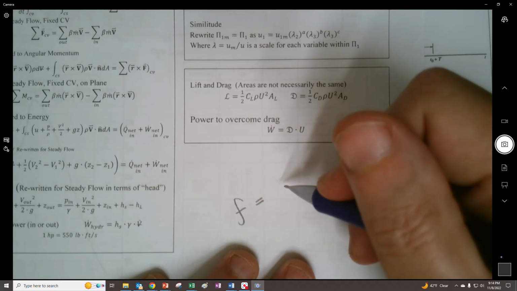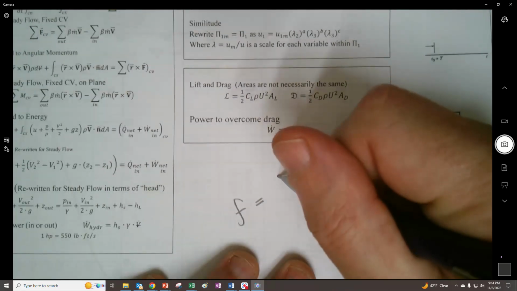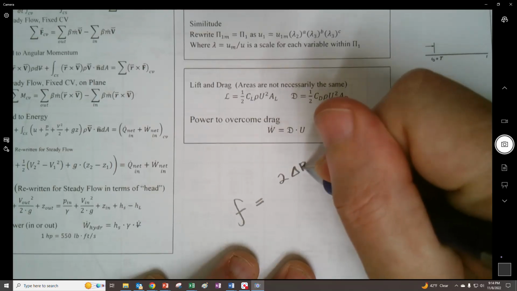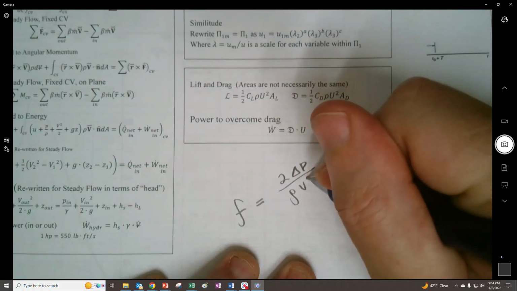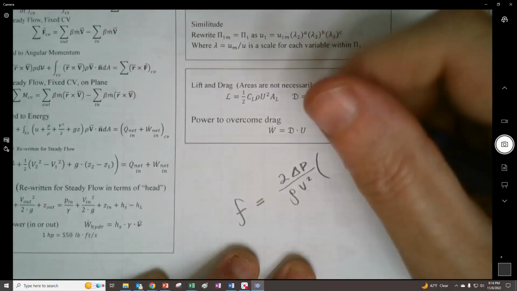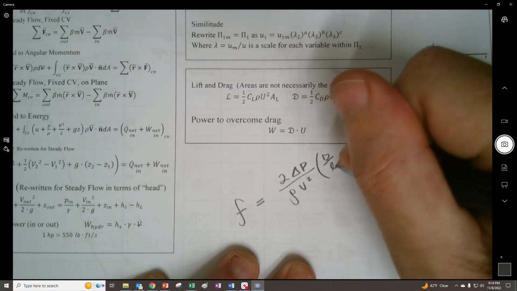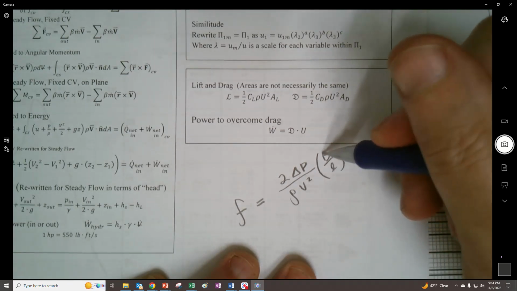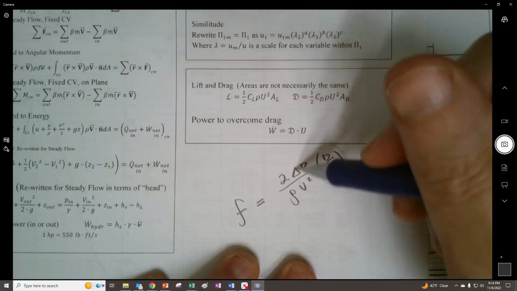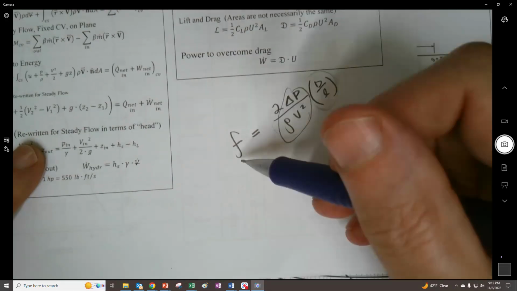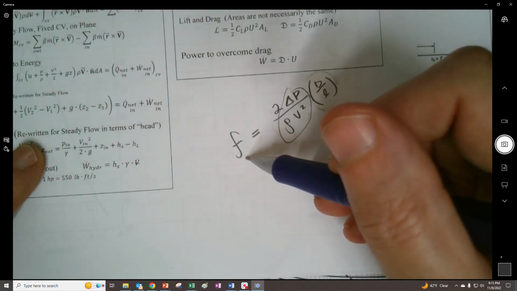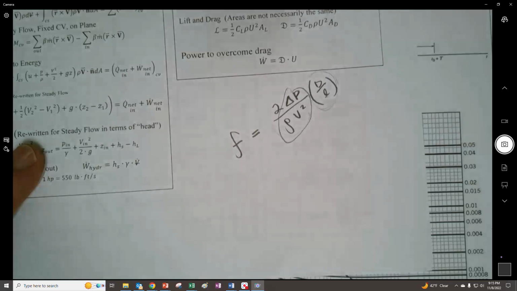The friction factor is going to be 2 times the pressure drop divided by rho v squared, but then we would also have the diameter divided by the length, right? So this right here is its own non-dimensional number, and compared to that is the Euler number. This is called the Darcy friction factor on the Moody diagram.